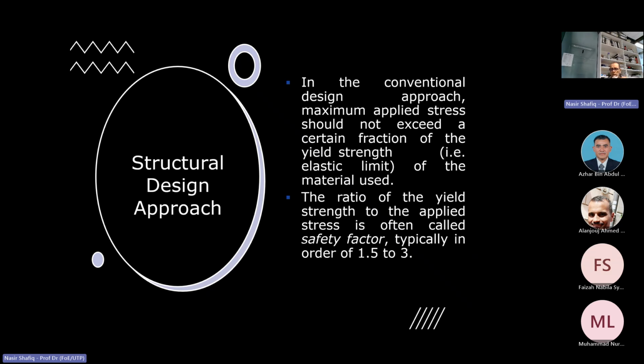As we say, hoop stresses in the pipeline should not exceed, for example, 0.6 Fy. Fy is the yield strength, right? So that is the elastic limit, right? So it should not enter into post-elastic behavior throughout the lifetime.